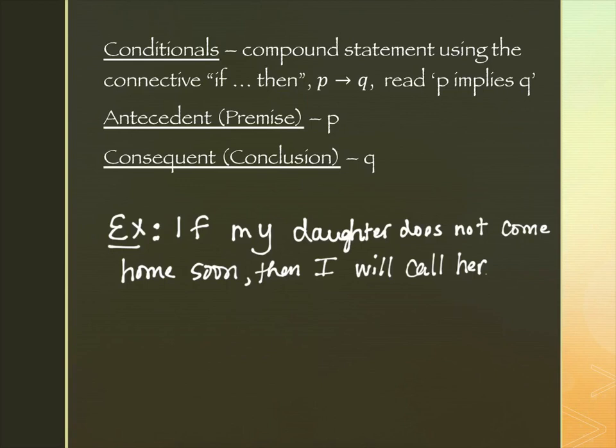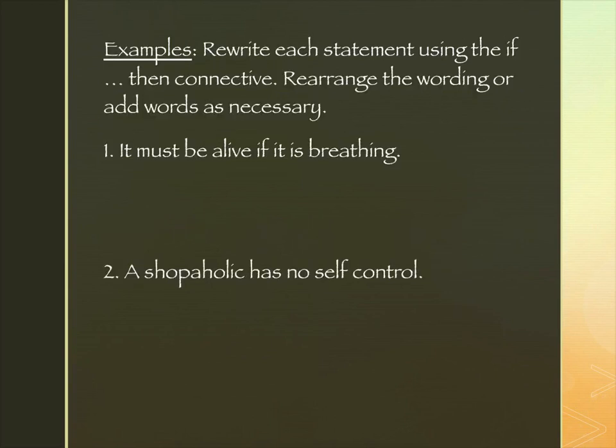So oftentimes, not all the time, we might see something and we actually need to rewrite it in an if-then form for it to make sense for what we do next. So that's what we're going to look at first. These two statements are if-then statements, but you can definitely see there's no if and there's no then, right? So we have to be able to take what's here and rewrite it. And sometimes there's more than one way to rewrite it.